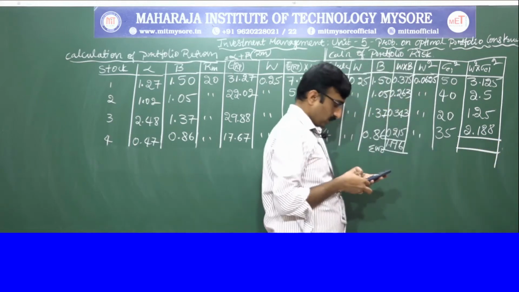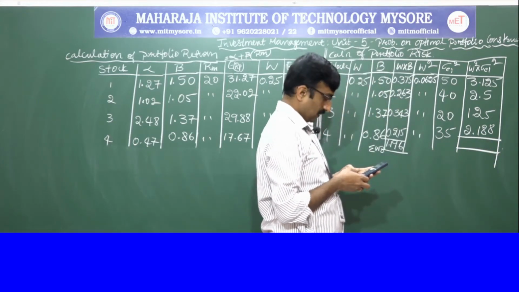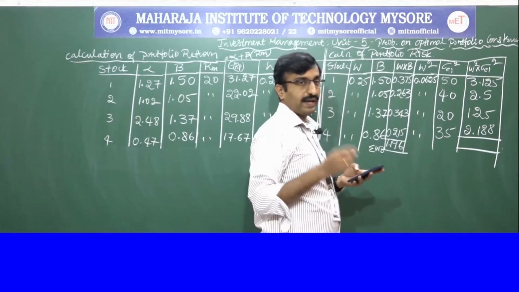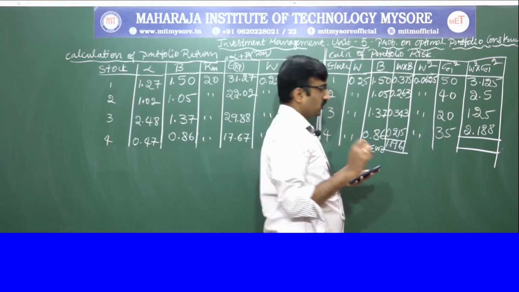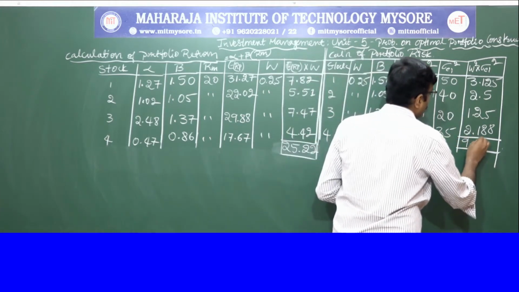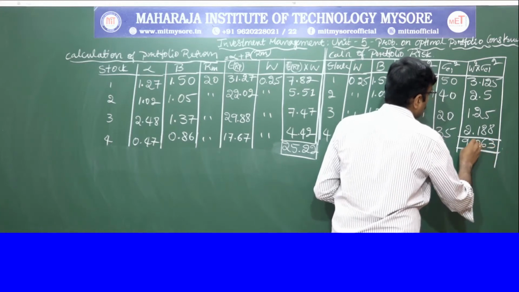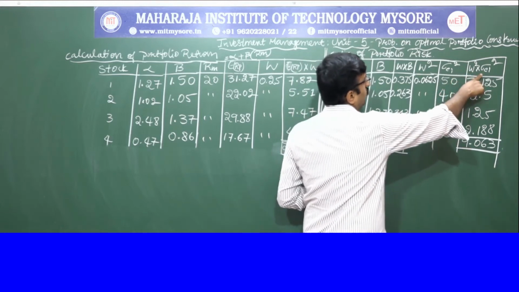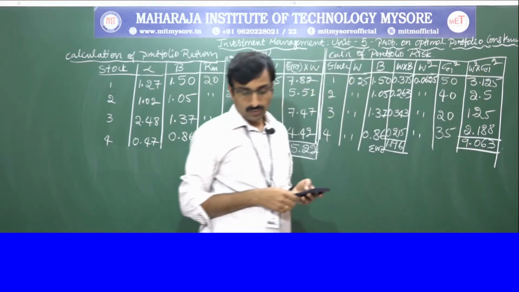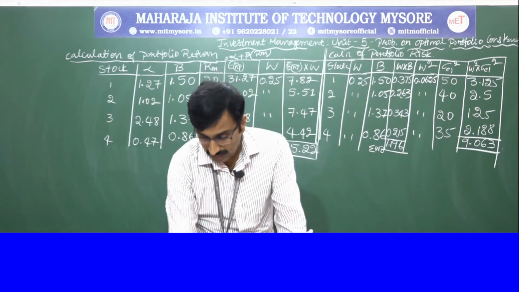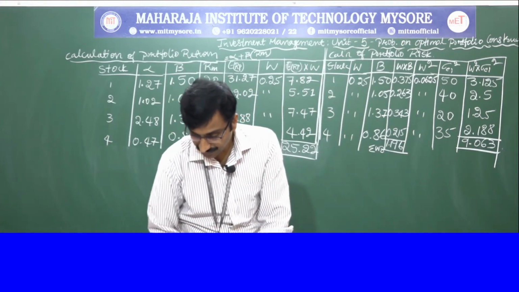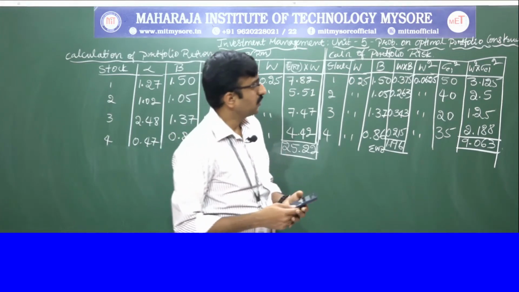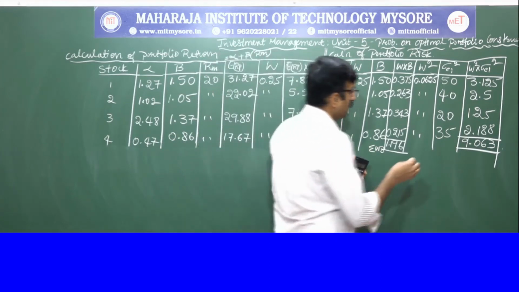So the sum of this: 2.5 plus 3.125 and so on, you will get 9.063. This is called sigma weight square into standard deviation of e square.